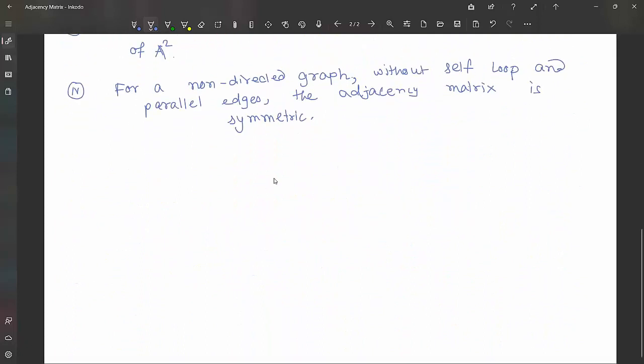Now we will define the same adjacency matrix for the disconnected graph. For the disconnected graph, we all know that there will be some connected components.